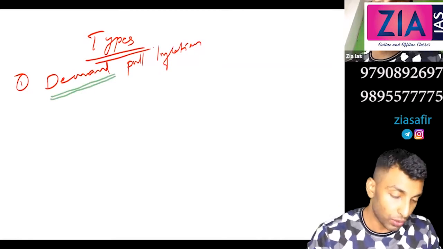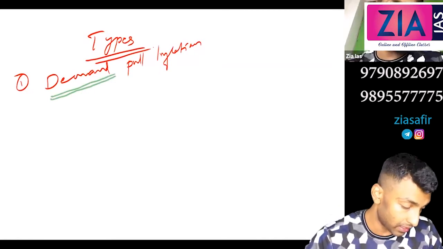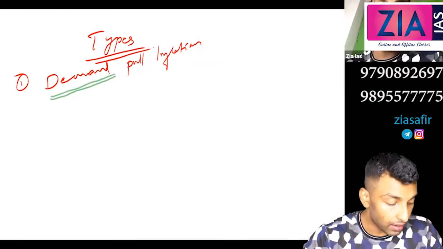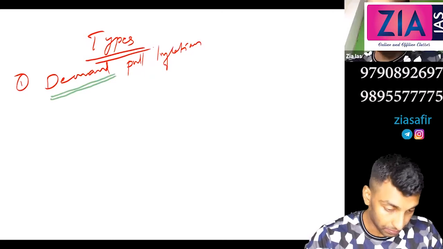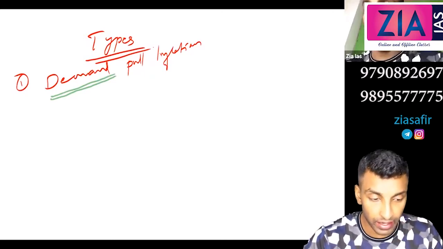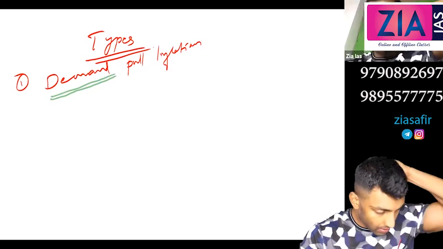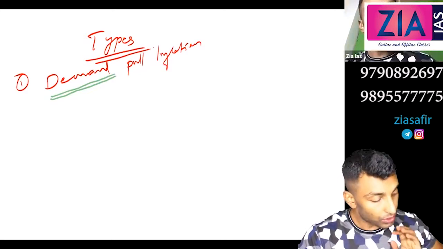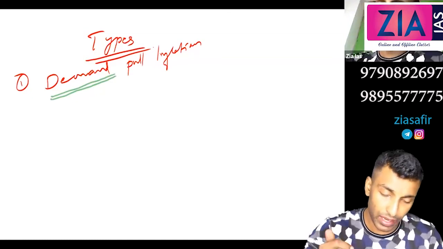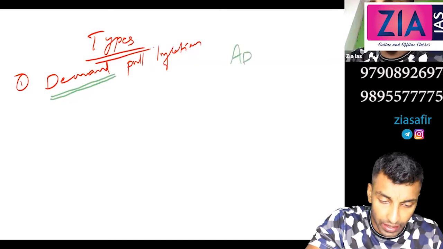The inflation which is caused due to excess demand in the market. So you can write there, it is caused due to increase in aggregate demand in the economy. You can simply write AD, aggregate demand.